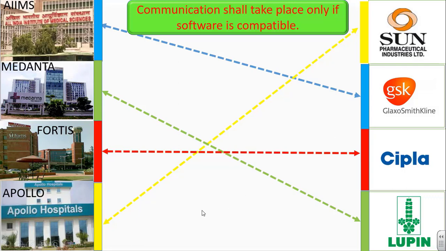Now, this creates a problem that all these hospitals and all these suppliers must have the same type of software. Otherwise, communication shall not take place. In other words, communication shall take place only if software is compatible. If software is not compatible, then these hospitals will not be able to establish their computer network connection with the supplier company's computer network. In that case, what is to be done?